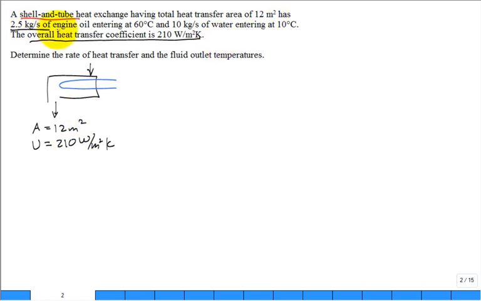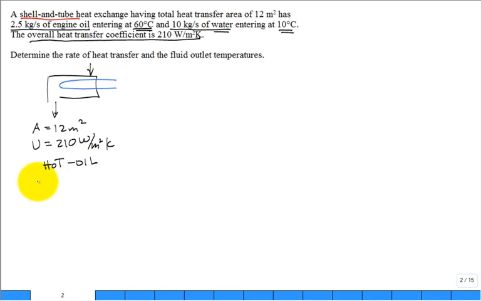So you have engine oil. It enters at 60 degrees C, with a given flow rate, and water enters at 10 degrees C. So I have oil and water. Which fluid is the hot fluid, the oil or the water? The oil. And I would encourage you to try to organize it on your paper.